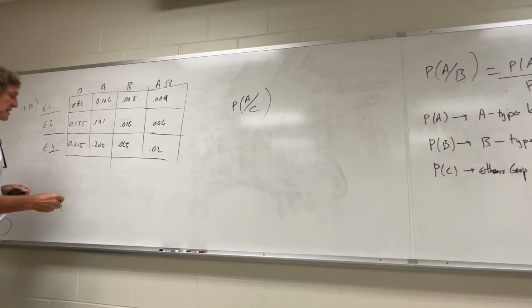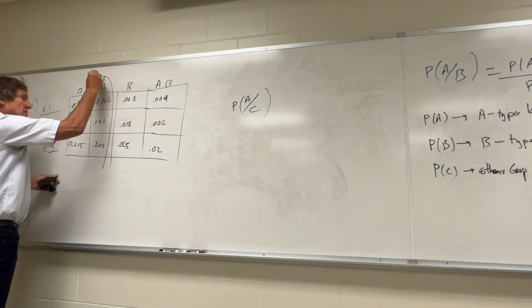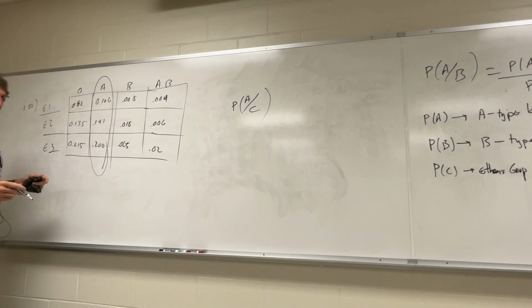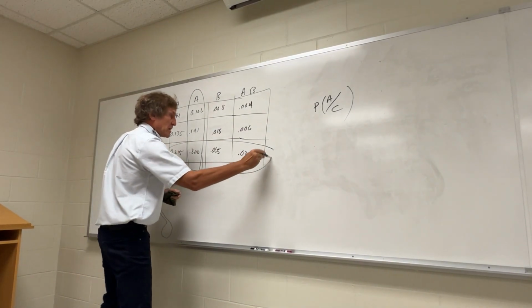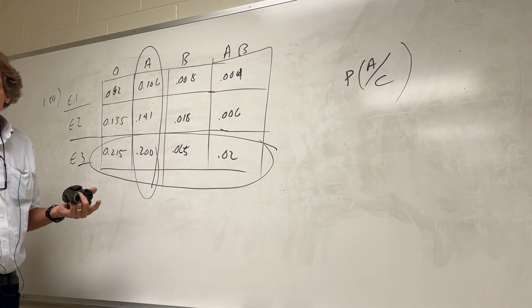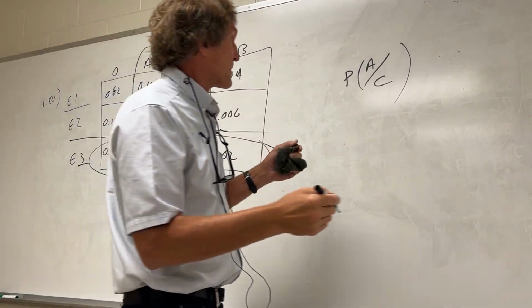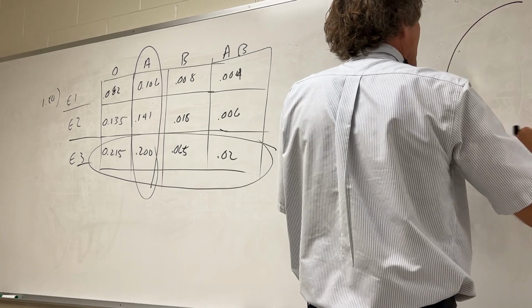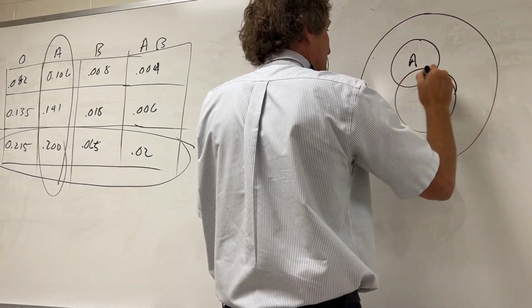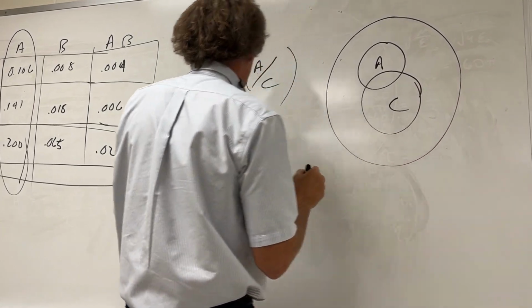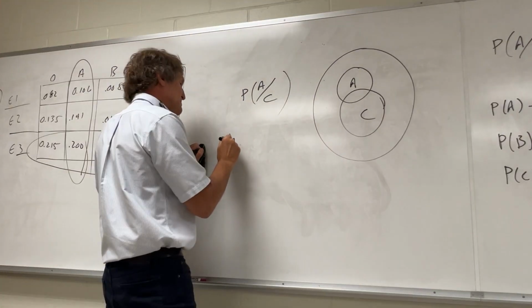All right, this is one of those things. Here's the probability of type A blood, right here. And here's group C right here. So when you think of the way I'm trying to present this, if we have A and C, right? What we're really trying to do is this, and you'll see it in a second.